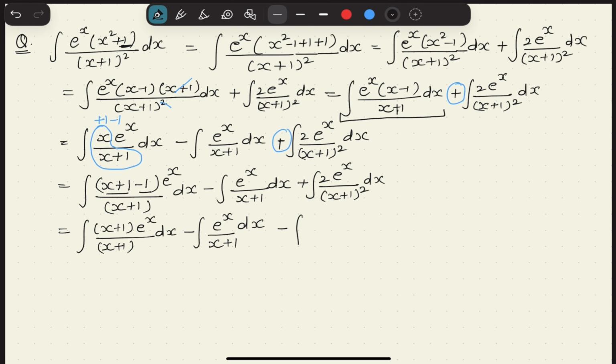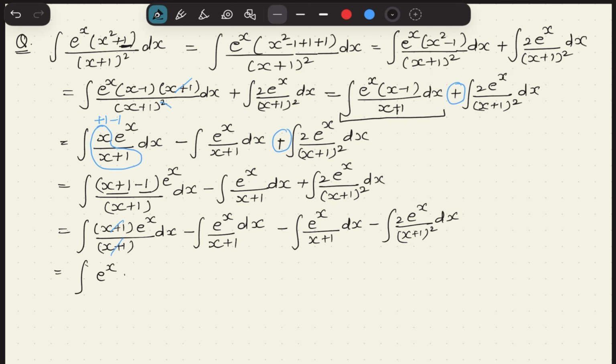And minus e to the power x upon x plus 1 dx plus 2 e to the power x upon x plus 1 whole square dx. Now this is cancelled out and we get e to the power x dx minus twice of e to the power x upon x plus 1 dx plus twice of e to the power x upon x plus 1 whole square dx.